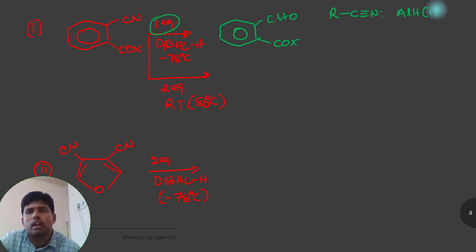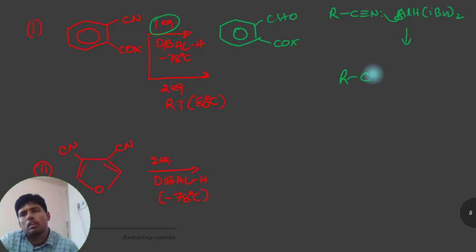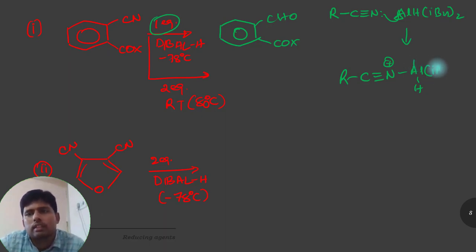So this lone pair attacks actually the aluminum. So that will actually form RC double bond, triple bond N plus ALH, I would write IBU here. So you get this reaction.